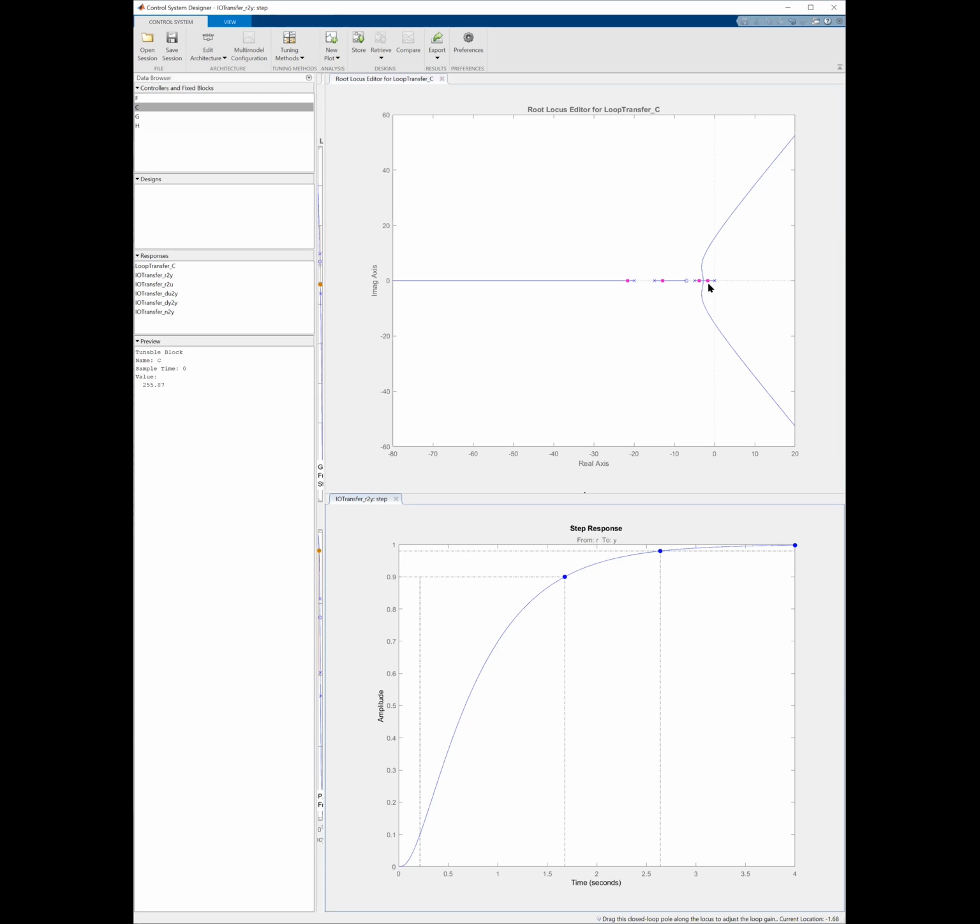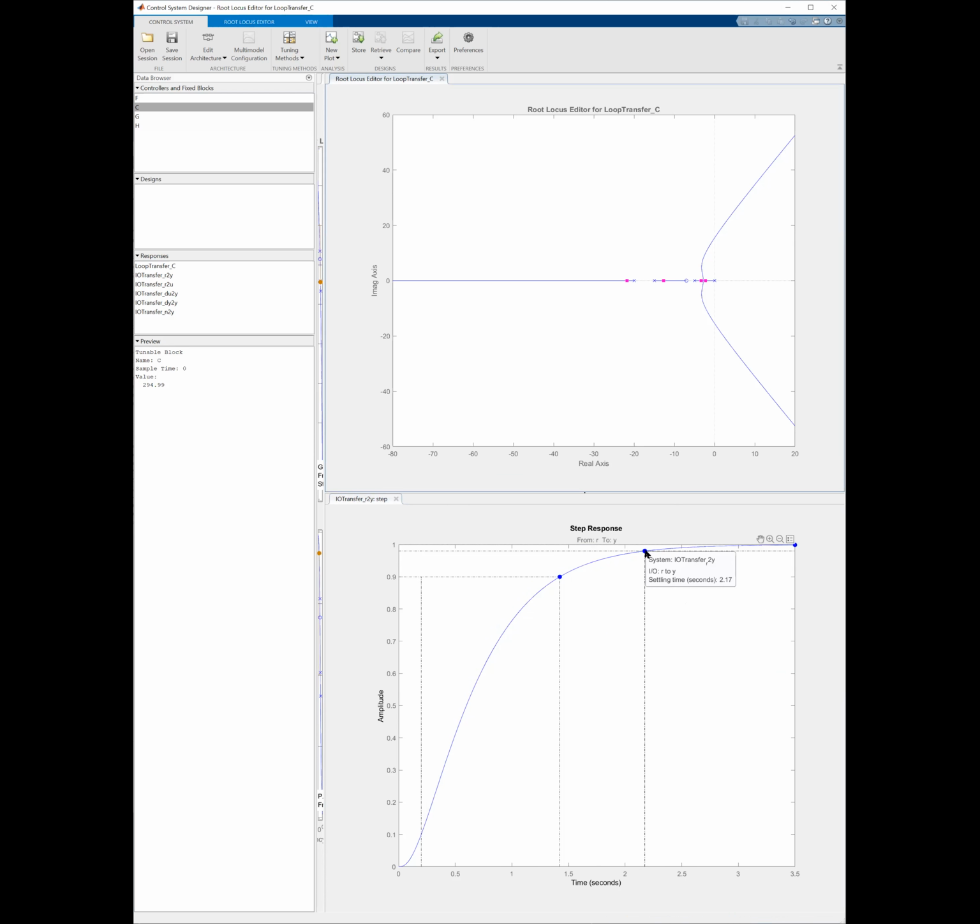Now watch what happens. I'm going to interactively drag the pole, and you will see that my settling time, my rise time, my steady state, all these values change during runtime.